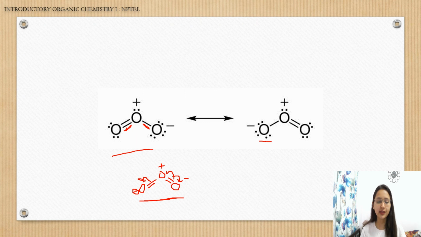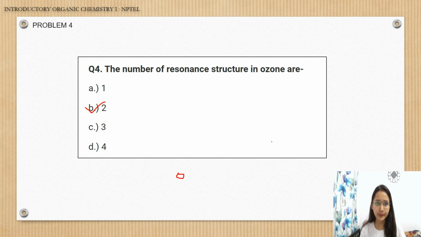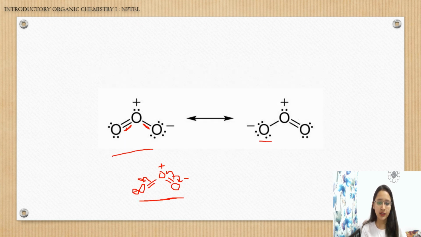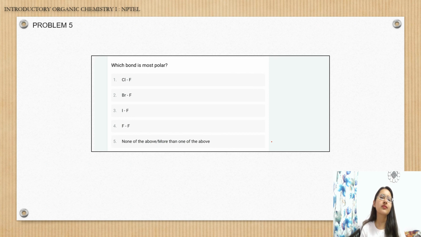The second scenario can happen with the other oxygen as well. That is why there are only two resonance structures possible for the ozone molecule, right? So any doubts in this question, guys? Okay, so there are no doubts, right?